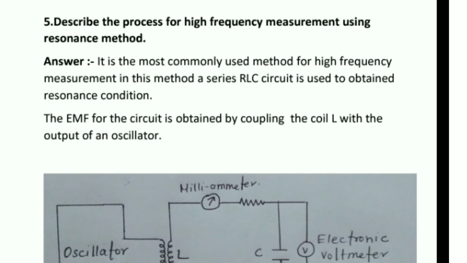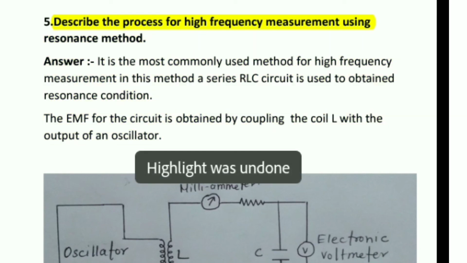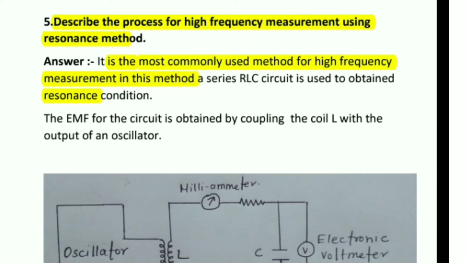The fifth question is, describe the process of high frequency measurement using the resonance method. It is the most commonly used method for high frequency measurement. In this method, a series RLC circuit is used to obtain the resonance condition.